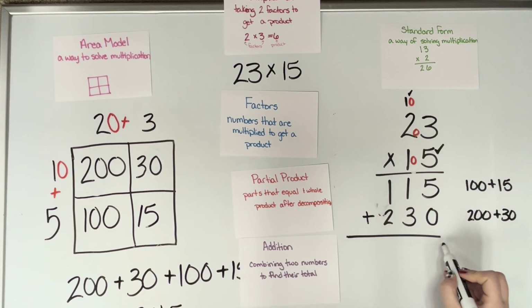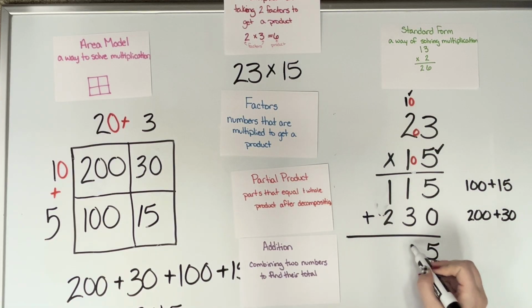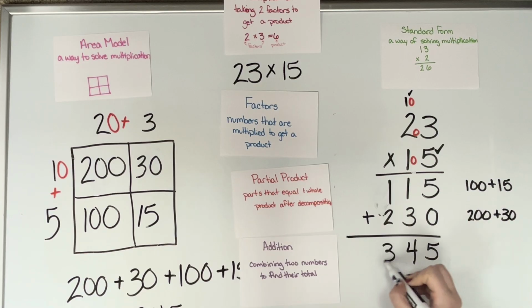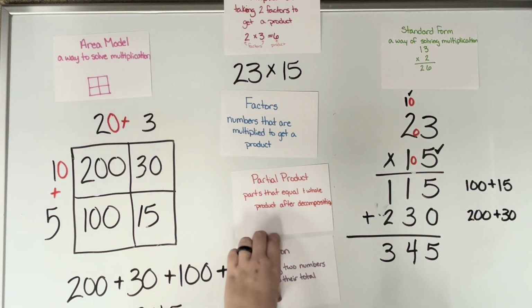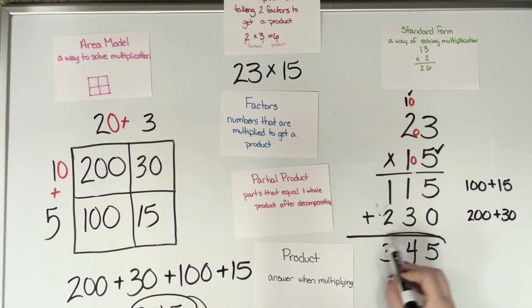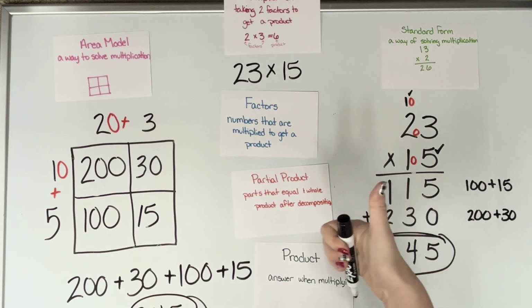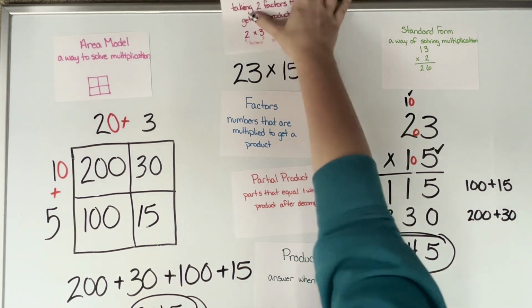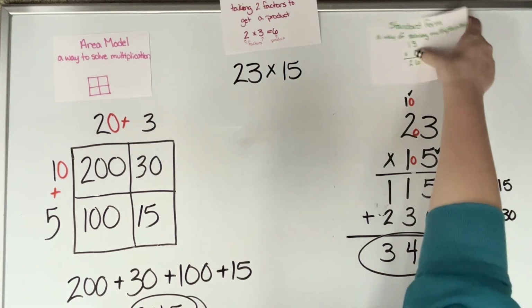So here we have 5, 3 plus 1 is 4, and 2 plus 1 is 3. And we have the same final product for both ways of multiplication. We have 345 from the area model and 345 from the standard form.